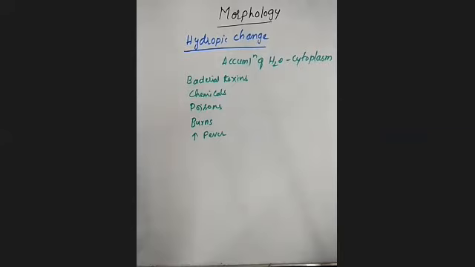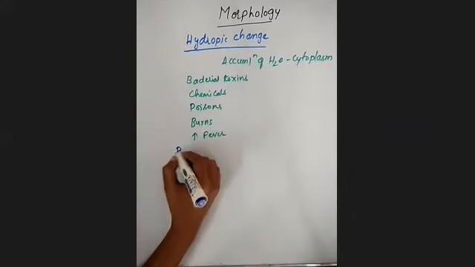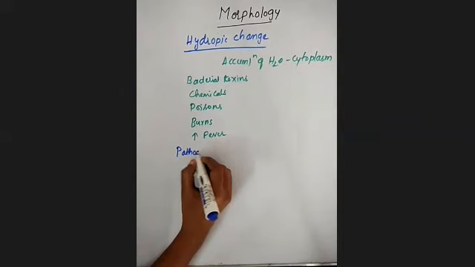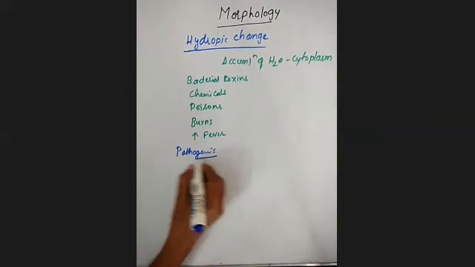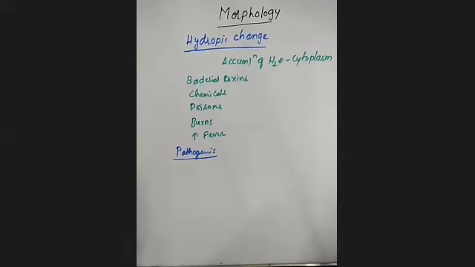Okay, next we'll see the pathogenesis. That means how this hydropic change occurs. This is the most common morphological feature you are going to observe in reversible cell injury. See here what happens.